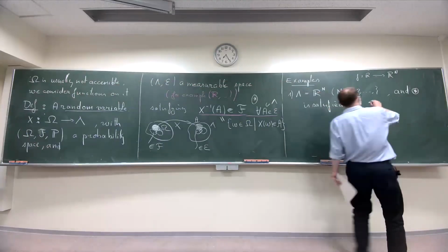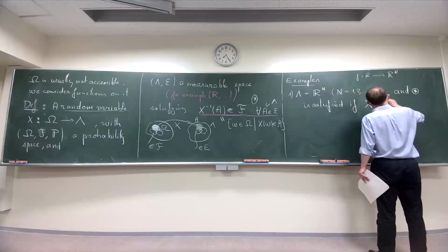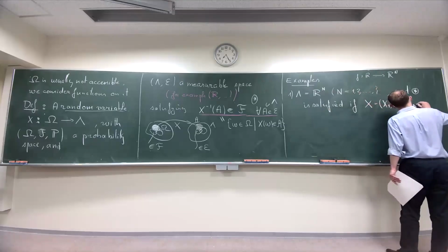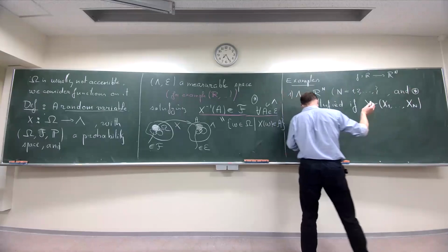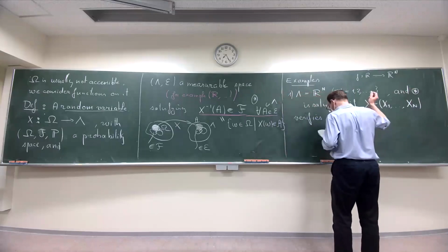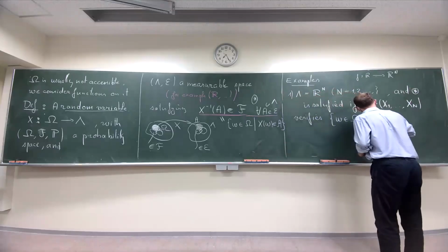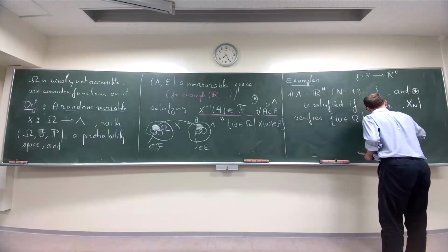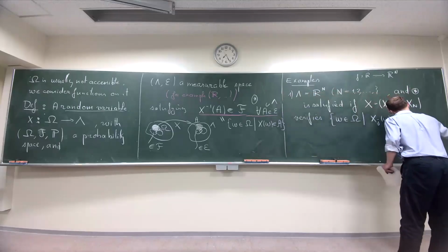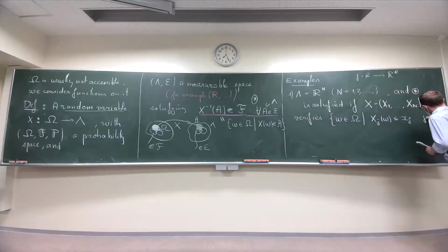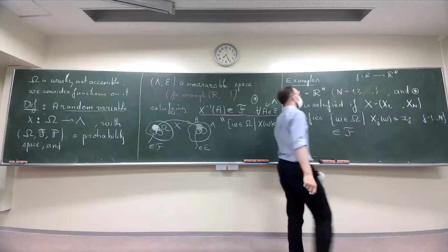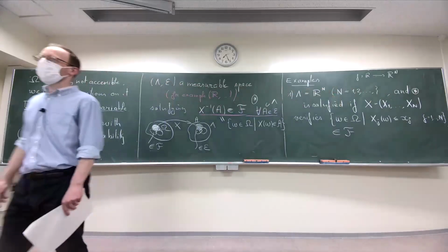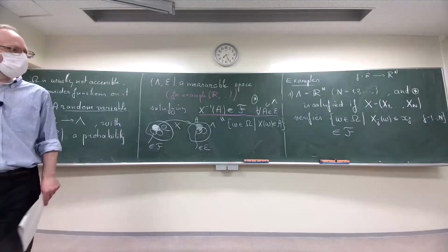So it's satisfied if X, this random variable, you can look at it as n components, verifies the set of omega in... This is something which is more familiar if you have already seen random variables.